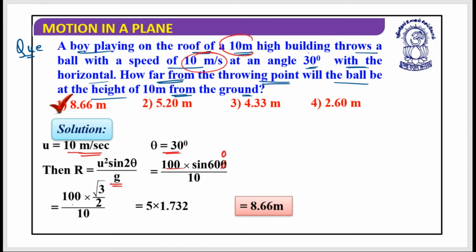So this is 100 multiplied by sine 60, it's root 3 by 2, into 10. If I solve this, it's 8.66 meter. What was your answer? Did you get the same answer? Great. Let's look at the next question.